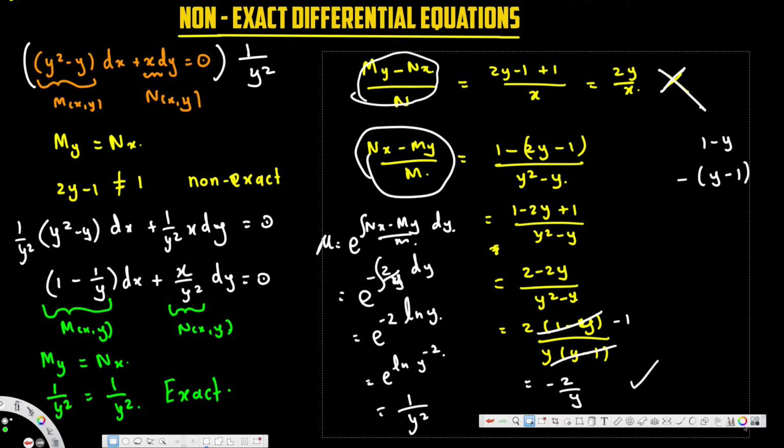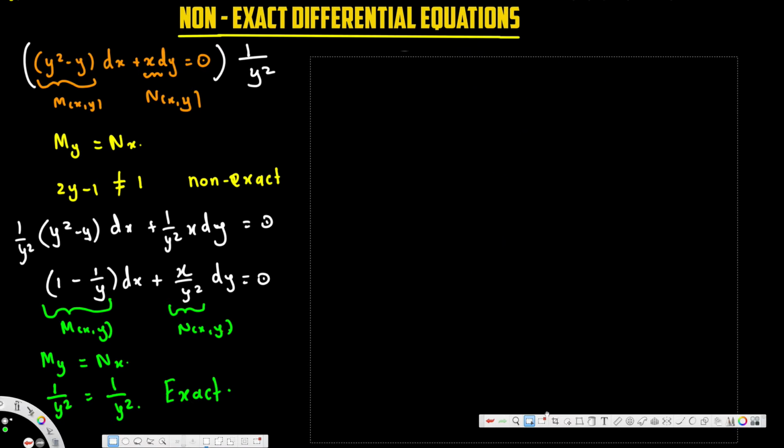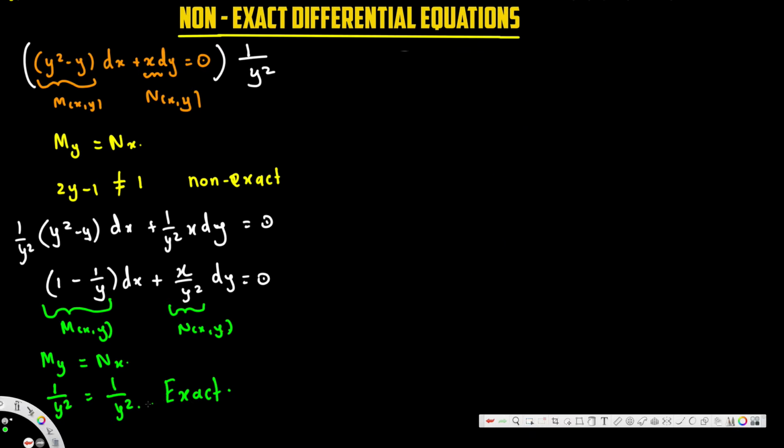Okay, now let's go ahead and do the exact differential equation method. The first thing is, in an exact differential equation, we take a function f, and we equate the partial derivative of the function with respect to x to M of x comma y. Make sure you do that with the new one, the newly derived one, not the old one. The old one is not exact, so we have to do it for the new one. That is 1 minus 1 over y.